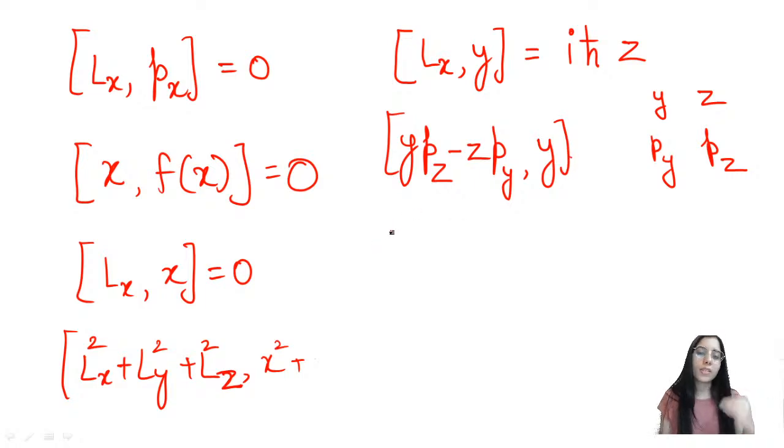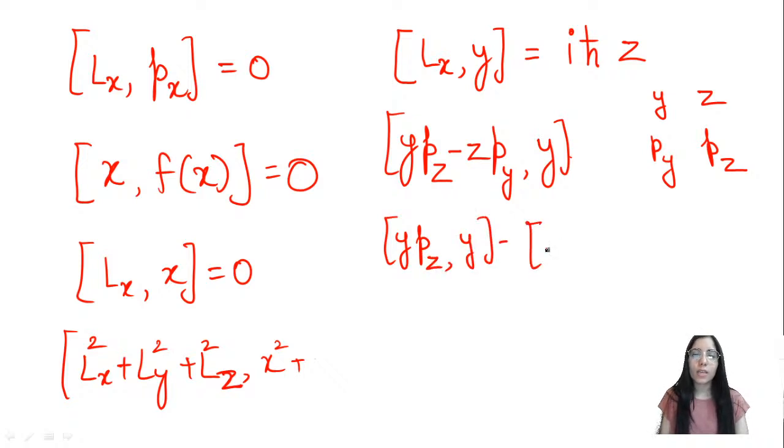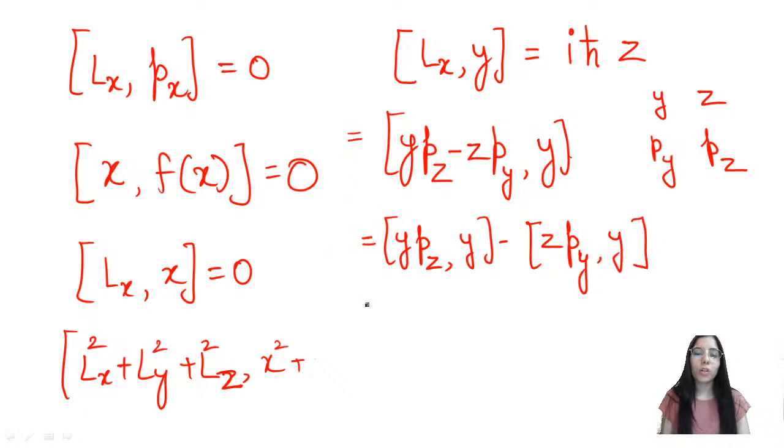Then how will we simplify it further? Just by taking [y pz, y] minus [z py, y]. Clear? Now if you simplify it more, you know y with y commutator bracket will be 0. pz with y will be 0. So from the first term you will not get any value.